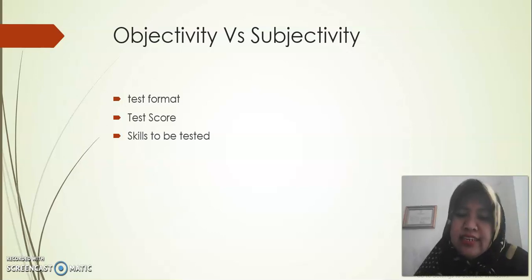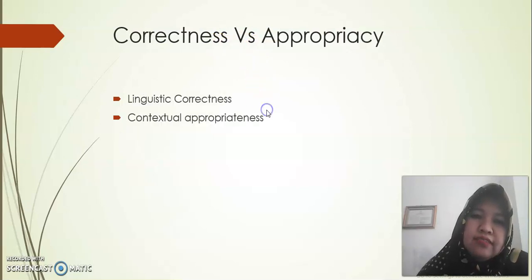So we need a specific rubric or band to score the test.